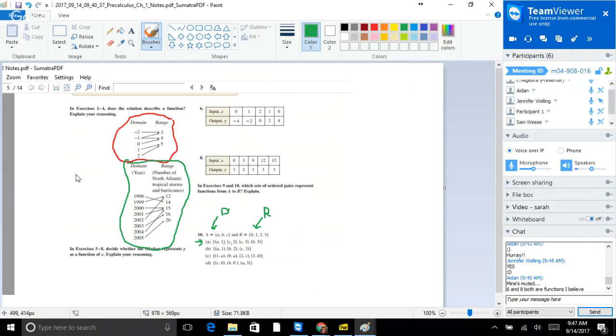What about when I put in C? What am I going to get out? Exactly, Jennifer. If you put C in, you could get 2 or 3. And that's the big no-no for functions. I mean, there's other no-nos, but that's the big one. Number 4: when you put in an input value, you should only get one output value. So we know without even going through our 4 steps that this is not a function.